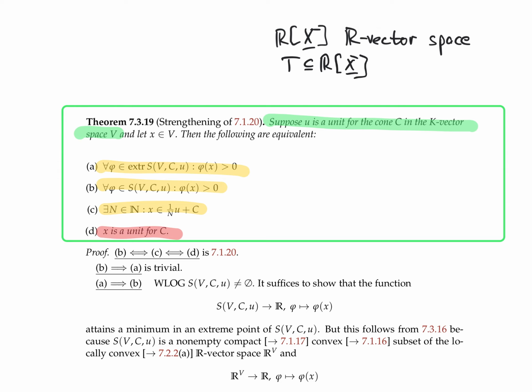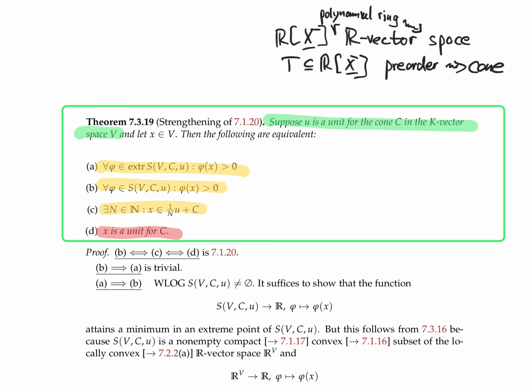So I can look at this as a cone, right? A preorder is a cone. Initially, this is the polynomial ring, but in order to apply my results about convexity, I will look at it as an R vector space. Initially, this is a preorder, but in order to apply my theorems about convexity, like this one, I will look at this as a cone, right?